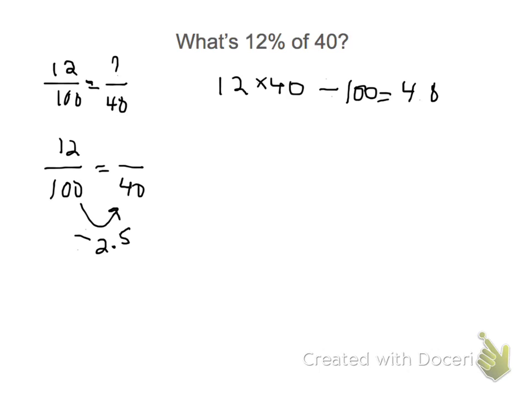So I'm going to get 12 divided by 2.5, and it gives me 4.8. Now my other option is using multiplication. I like doing it as a decimal, so 0.12 times 40. And that would give me 4.8. So again, those are the three options. You can choose whichever one you like and do it that way.